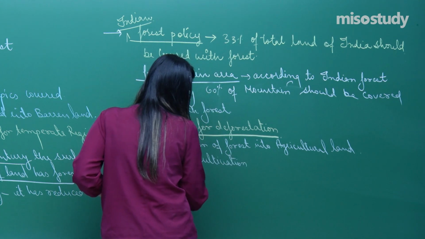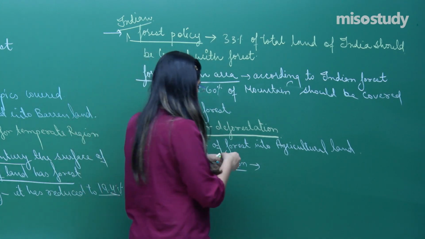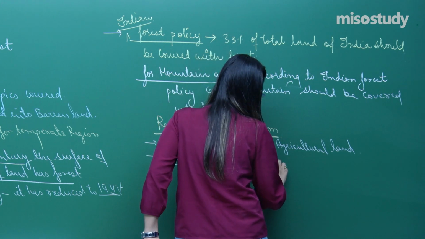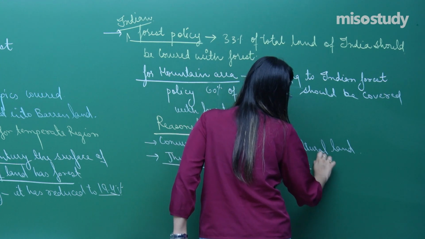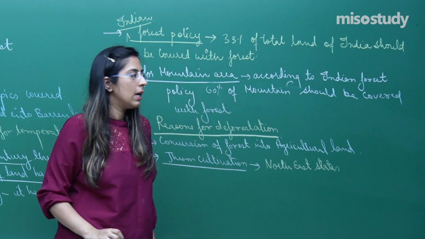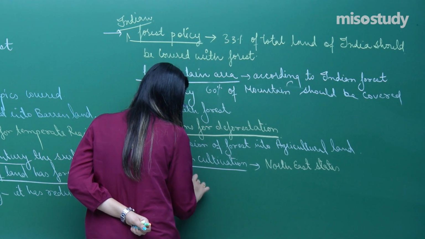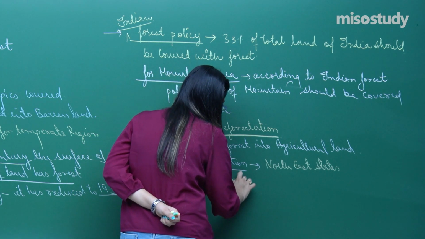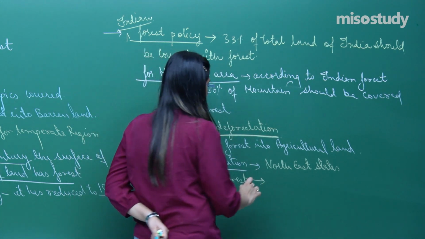Jhum cultivation is a common practice for northeast states, where people cut forest, then they burn that area.